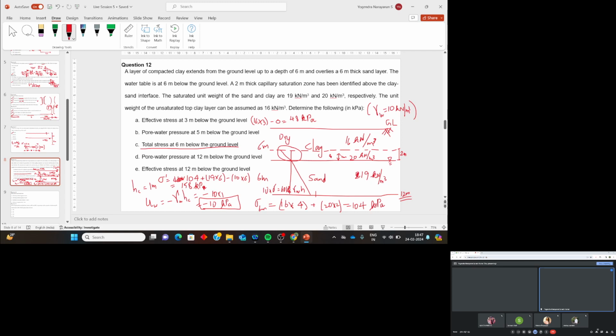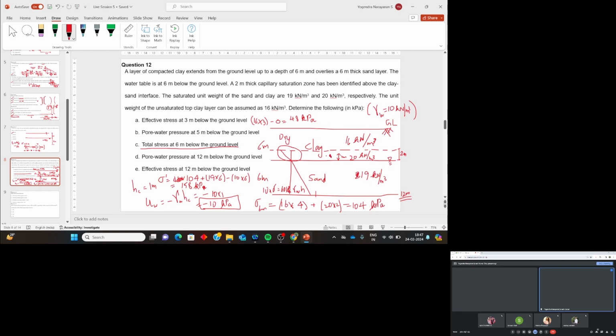Now you will get what is the change you are observing when you are calculating effective stresses in the capillary zone and under completely saturated conditions below the water table.